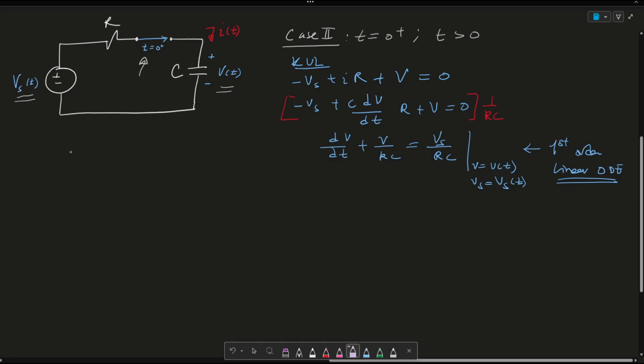Okay, now let's go ahead and solve the ODE. Essentially, we want to rearrange our terms. I'm going to say then that dV over dt is equal to minus V minus Vs over RC. So I'm going to multiply by V minus Vs on both sides, and then multiply by dt on both sides.